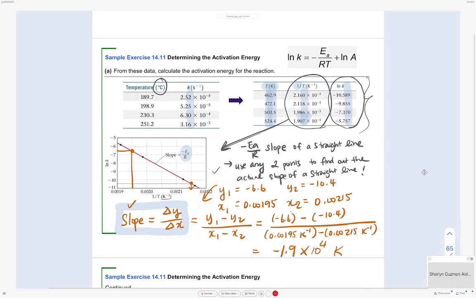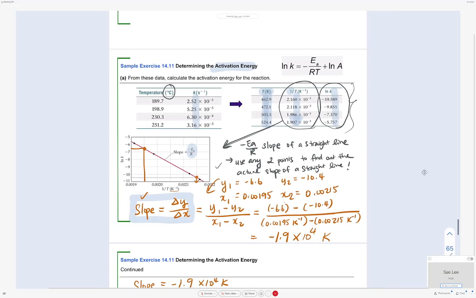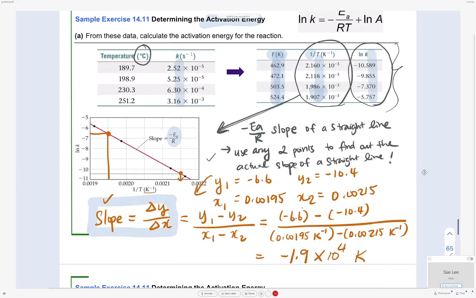When you say always, it's kind of tricky, but you should always use this when you determine activation energy. Remember, when you were dealing with first order reactions, you had different y-axes and different x-axes. In this particular problem, we're solving for the activation energy.